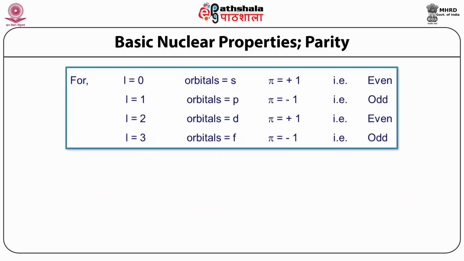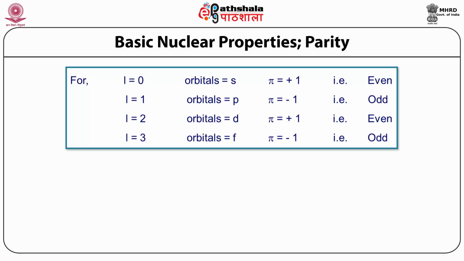So in a nutshell, if we want to see when we can consider the parity as odd and when as even, we find that for L equal to 0, the orbital is S, and parity pi is equal to plus 1, that is, parity is even.